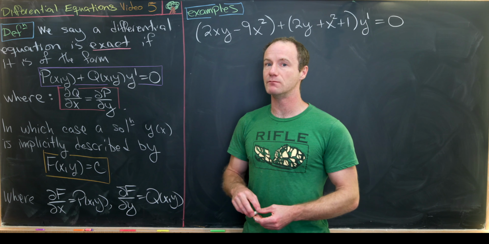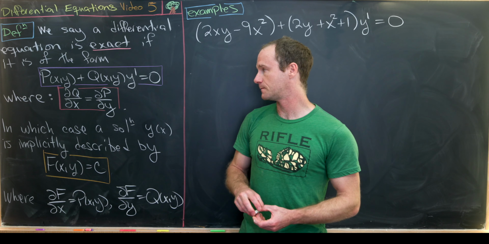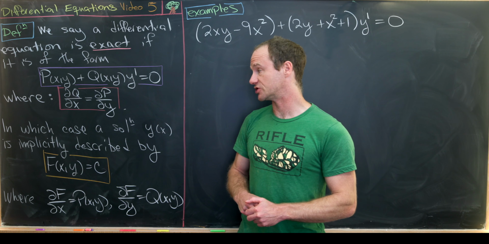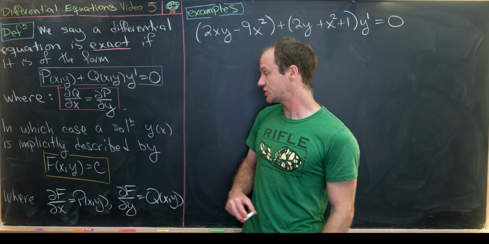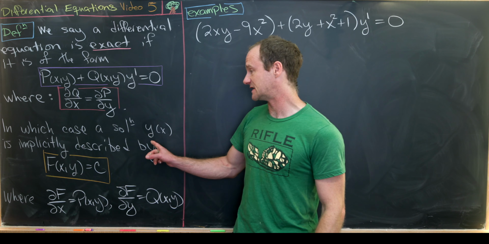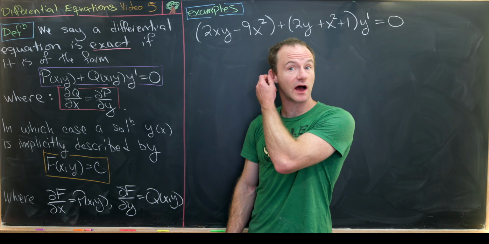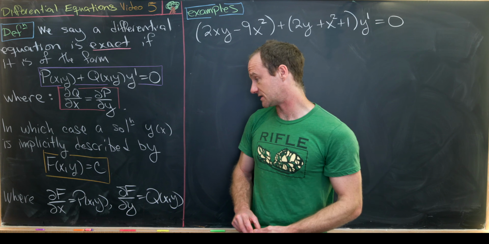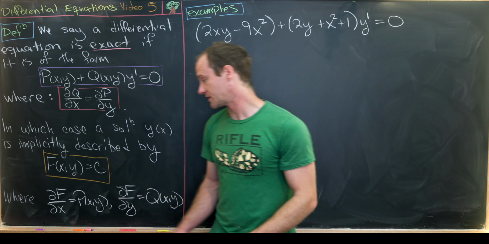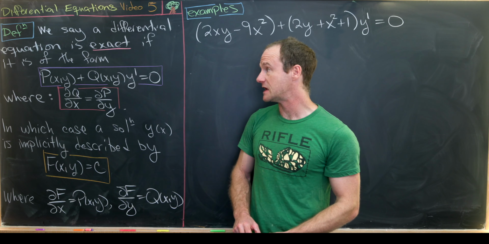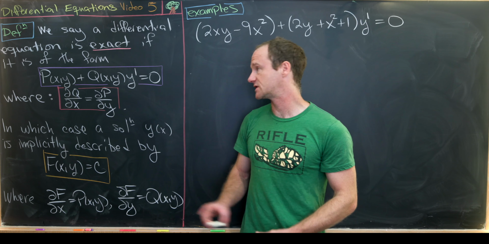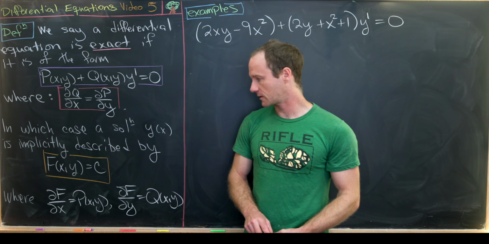And like I said, we motivated this definition before. And furthermore, if we have an exact differential equation, then a solution to that equation, y of x, is implicitly described by F(x,y) equals a constant, where the partial of F with respect to x is P, this function up here, and the partial of F with respect to y is Q, this function up here.